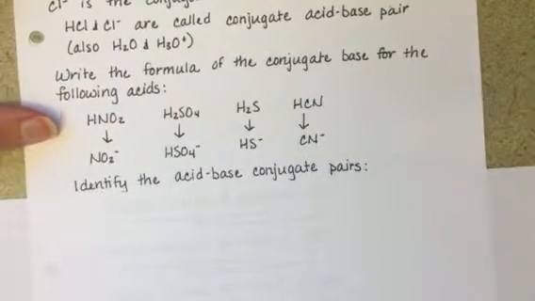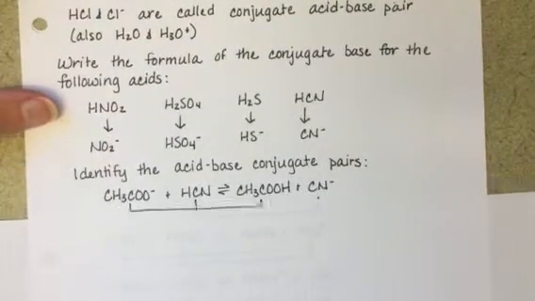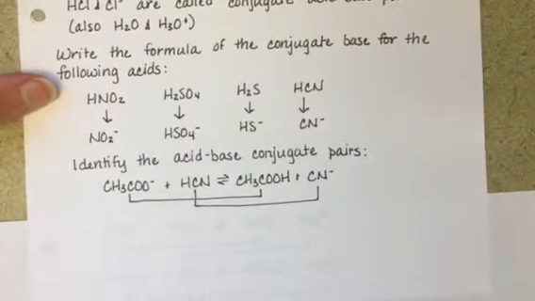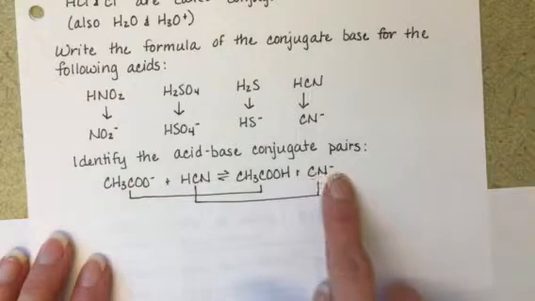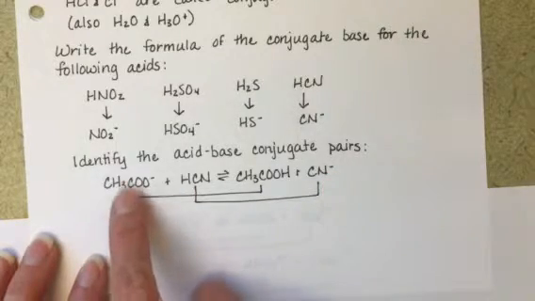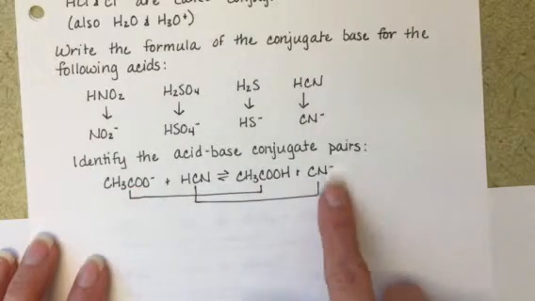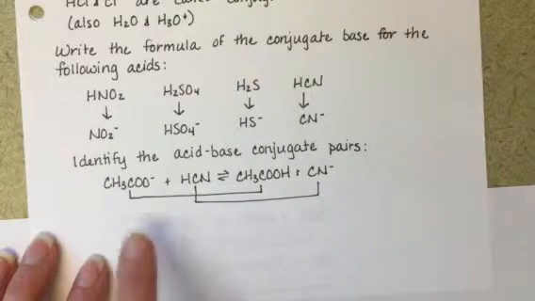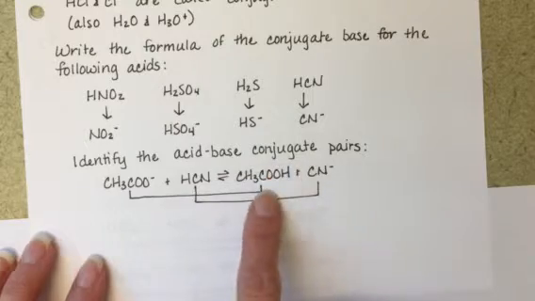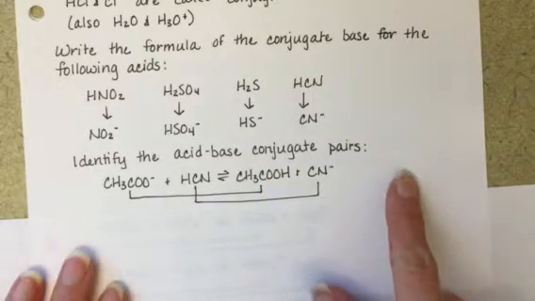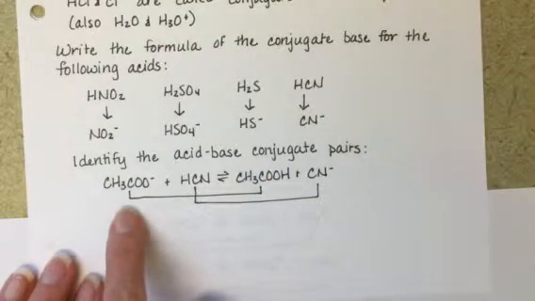Another thing I want you to be able to do is look at a chemical reaction and identify the acid-base conjugate pairs in the reaction. So here's a chemical reaction that's been provided for you, and if you were asked to pair up the conjugate acids and bases with each other, one way to do this is just to look across the reaction and find things that look similar in terms of their molecular formula.